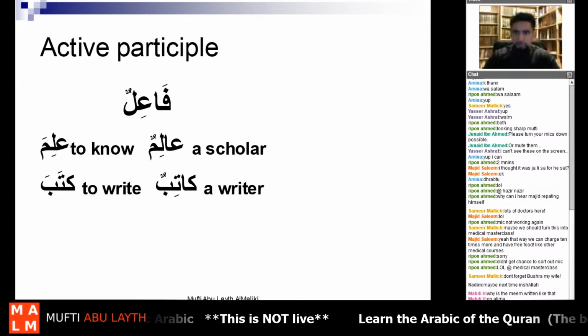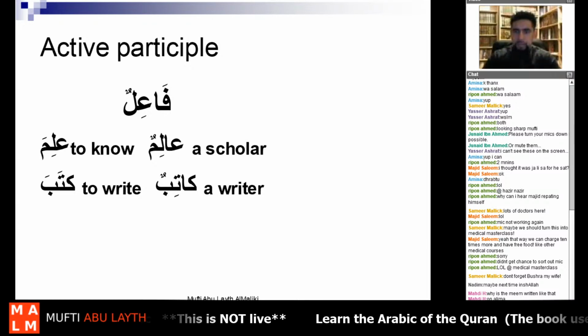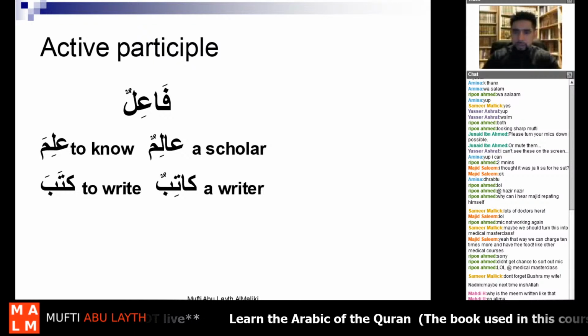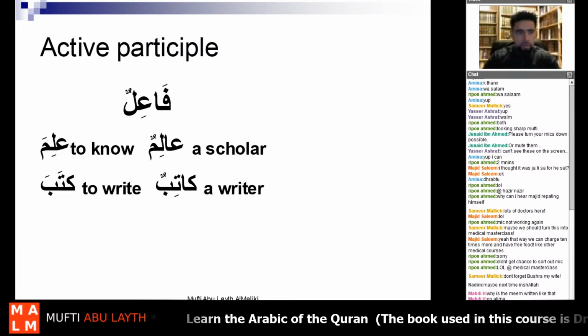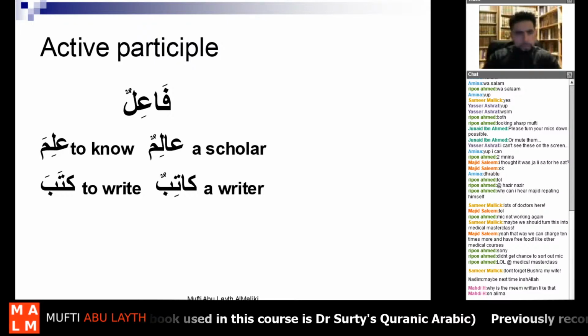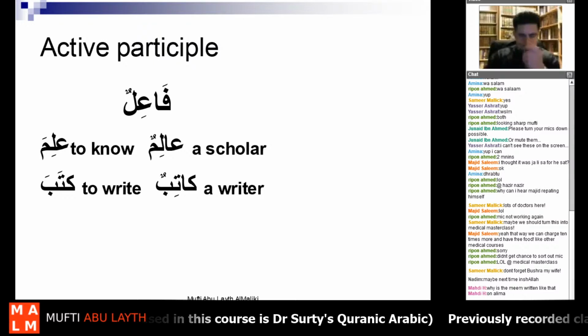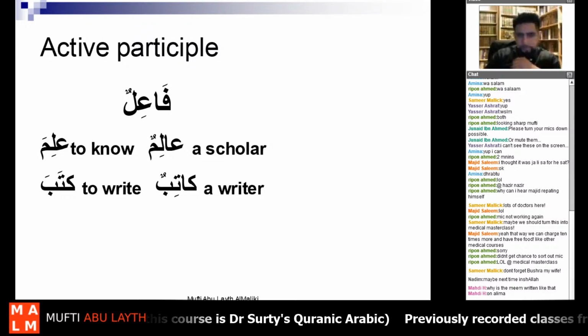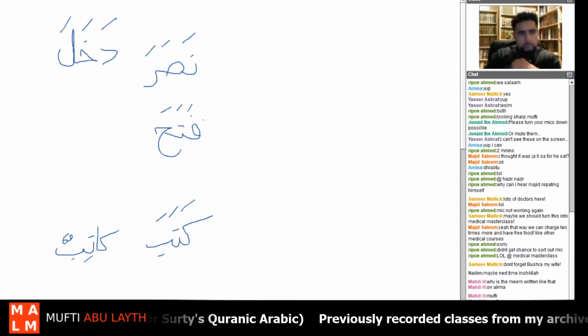Right, so, okay, now, Mufti, na'am. Alright, yep. Why is the meem written like that? Right, like what, sorry? I think it's because obviously there's a gap between the part at the front and the line at the bottom. It's just the font, isn't it? Where, sorry? I don't understand what you mean. Why is the meem written like what, sorry? Alima. Right, okay, I'm not quite sure.